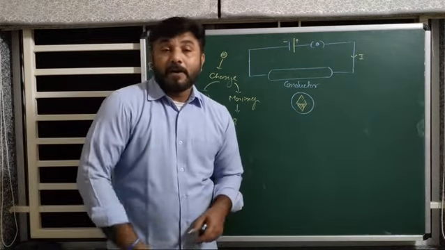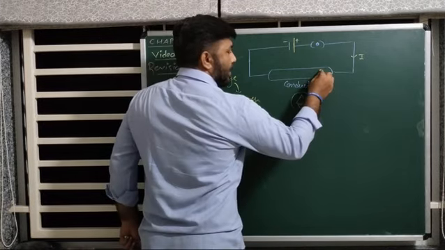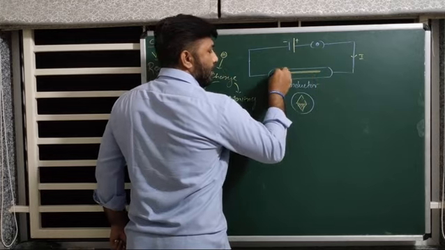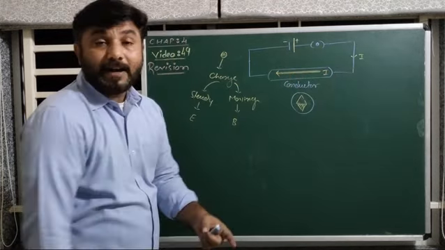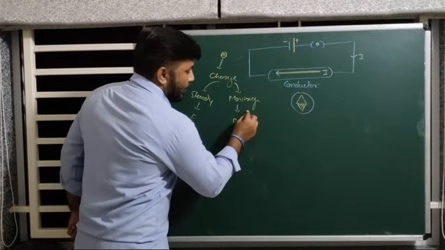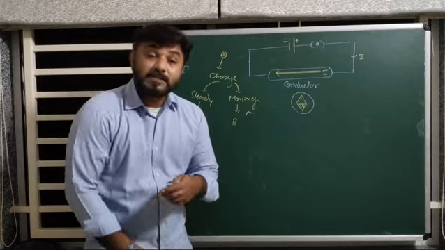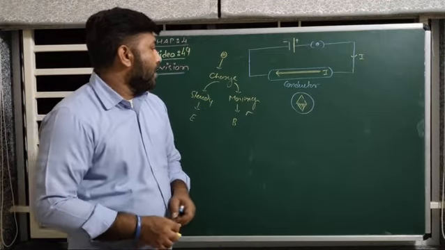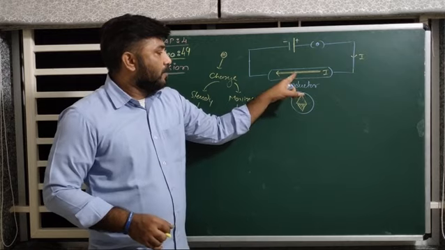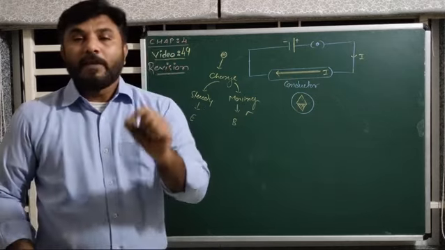From this experiment, what did he conclude? When electric current passes through a conductor, and what is electric current? Electric current is nothing but the flow of moving charges. When charges are moving, they produce electric current. So moving charges produce a magnetic field around the conductor.